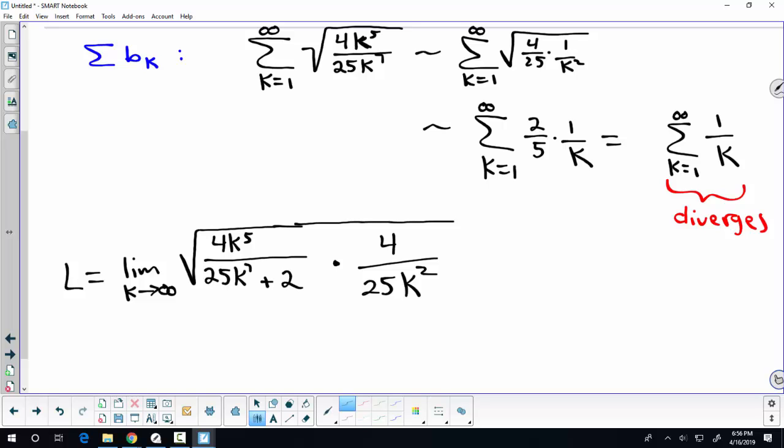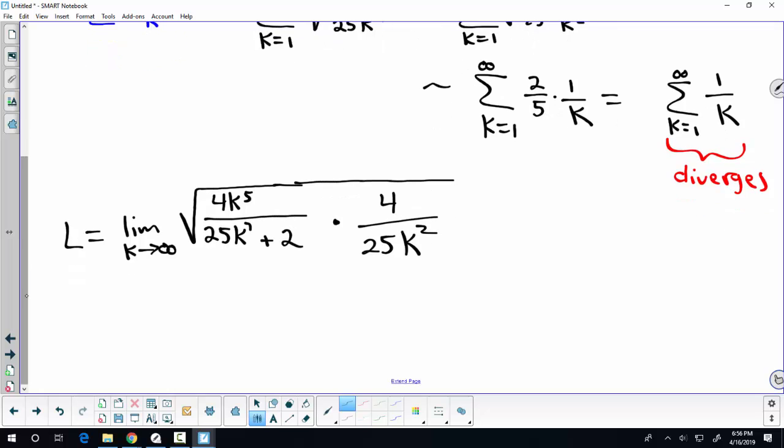What's the limit of our a times our 1 over b? Oh, we need to flip the 4 and the 25 too. Indeed. Technically we should have this, but it wouldn't affect.